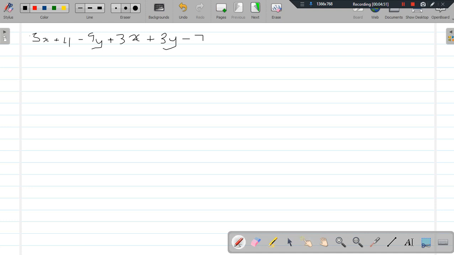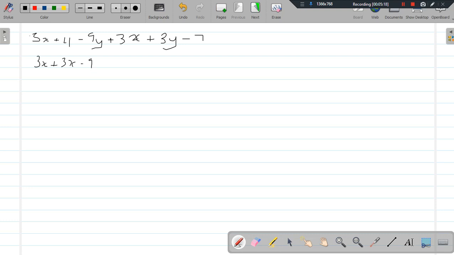So we group these like terms. We have 3x plus 3x. Looking at it, I have been able to group all the x values. Then I have negative 9y.